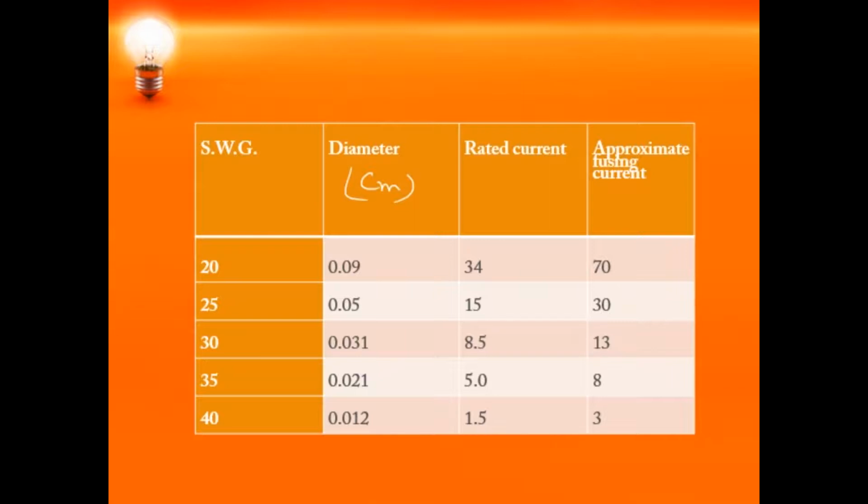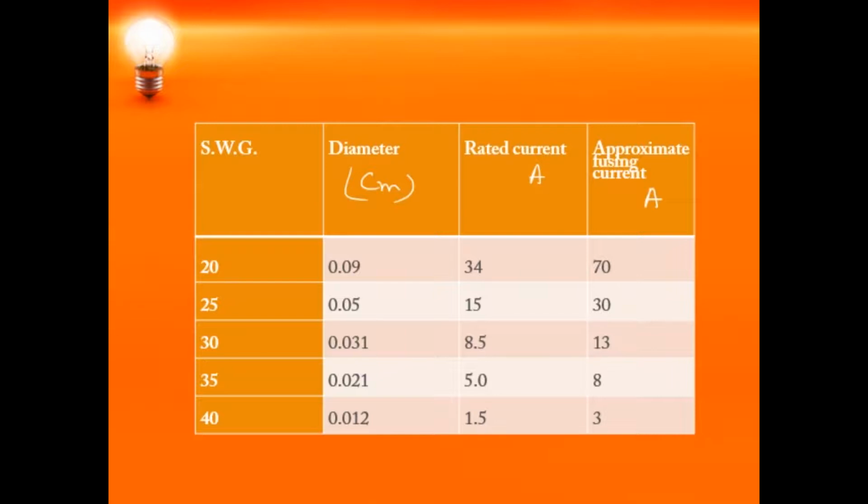So for 0.09 centimeter, the rated current will be 34 amperes. Approximate fusing current will be 70 amperes. So this is in amperes. You can see that a standard wire gauge of 40 will have a rated current of 1.5 amperes and approximate fusing current will be 3 amps.